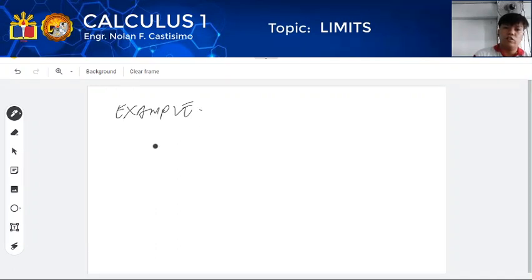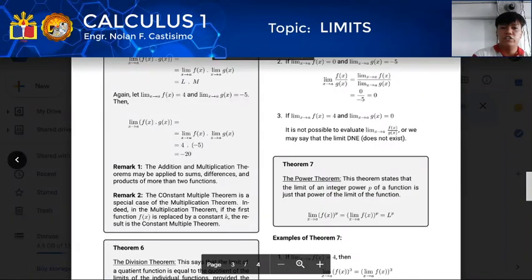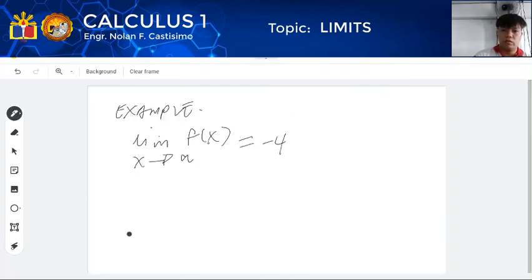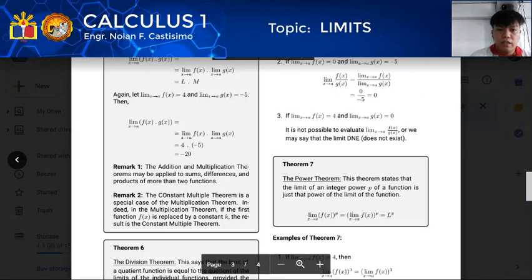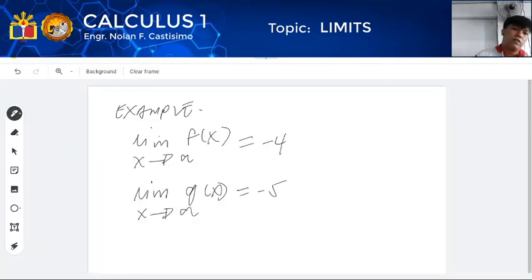Meron tayong limit of f of x natin as x approaches a is equivalent to 4. Ano yung isa? Yung g of x natin, negative 5. Okay, so, limit of g of x, negative 5 as x approaches. Okay, balikan natin. 4 lang pala yun. Walang negative.